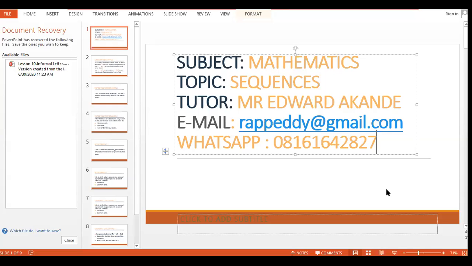Kindly copy it or screenshot this. Even if you are using a laptop, there's a way you can do the screenshot. You can screenshot this and message me on WhatsApp with your assignments.